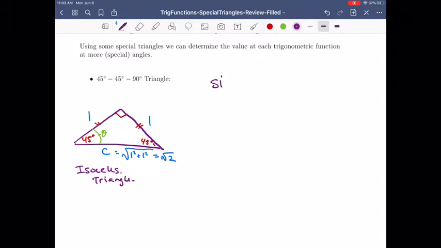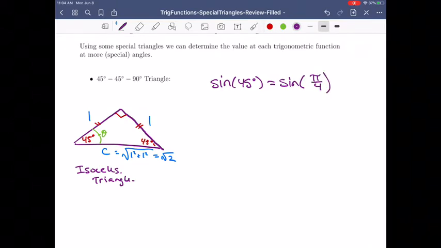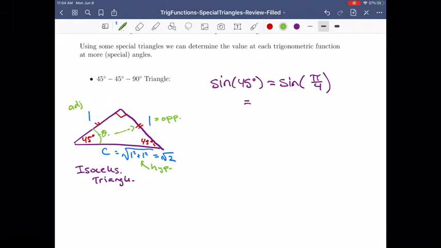So sine of 45 degrees, which remember is sine of pi over 4, is going to be the opposite over the hypotenuse. This side here is the opposite, this side across from the angle is the hypotenuse, and this one over here is the adjacent. So it's going to be 1 over root 2.